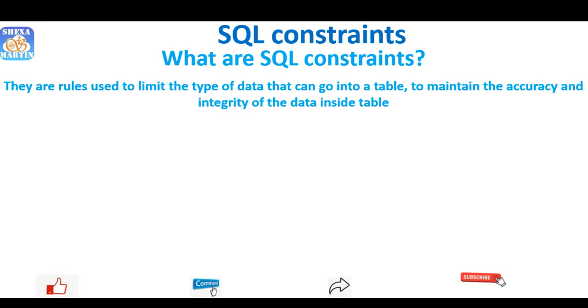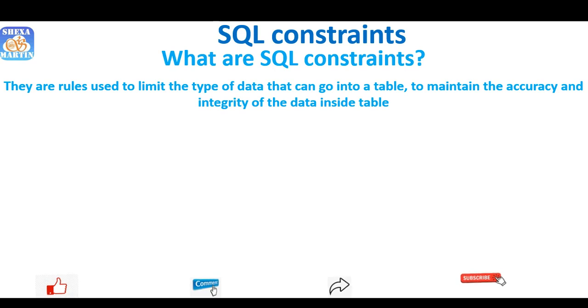Type of data that can be inserted into this column, into this table, or table column. So to maintain the accuracy and integrity of the data, you need to define SQL constraints. So it also limits the values that are allowed within a column.